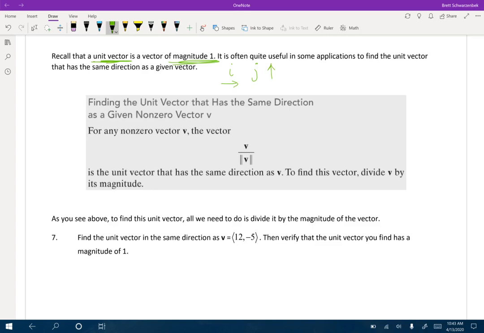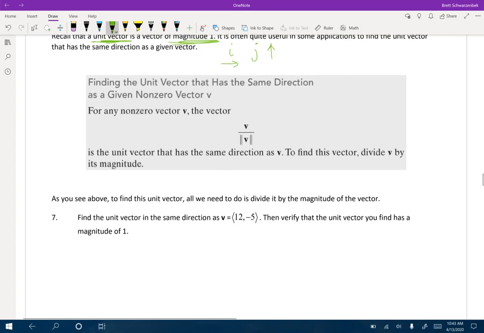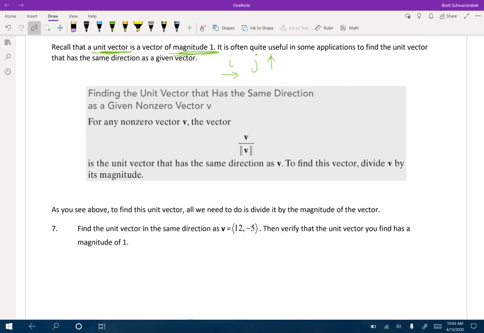Similar to how in trig we always use the unit circle, it is often useful to use unit vectors as a substitute. So it's often very useful to know what the unit vector is in the same direction as a typical vector.